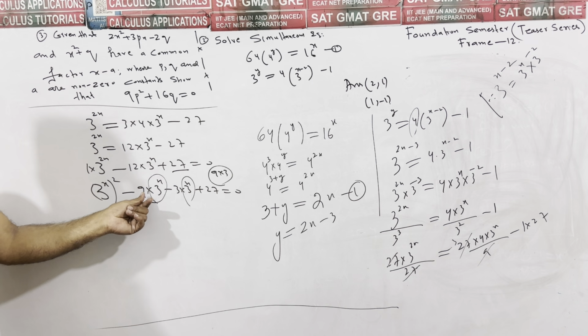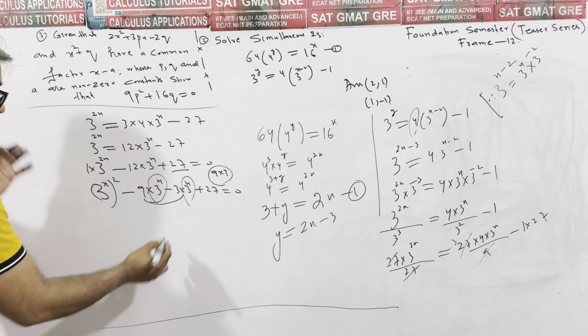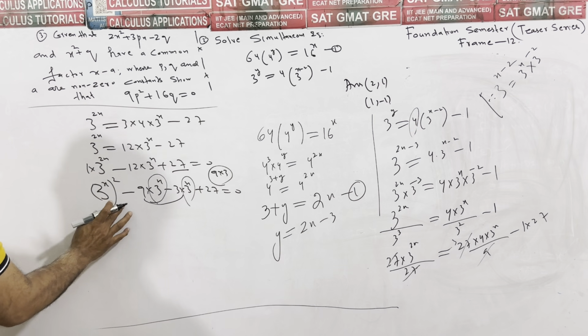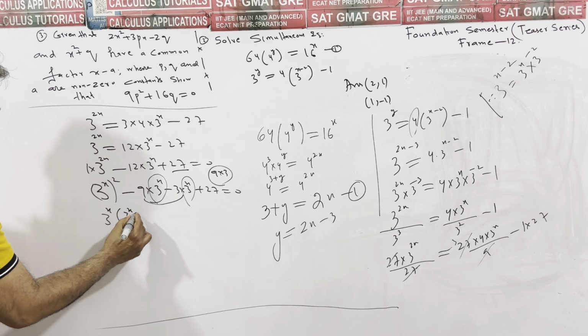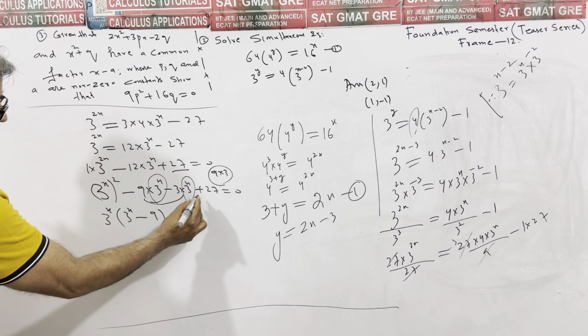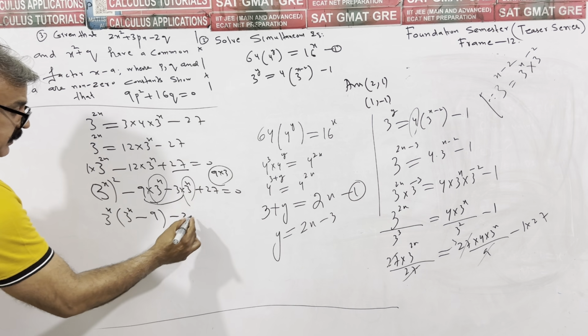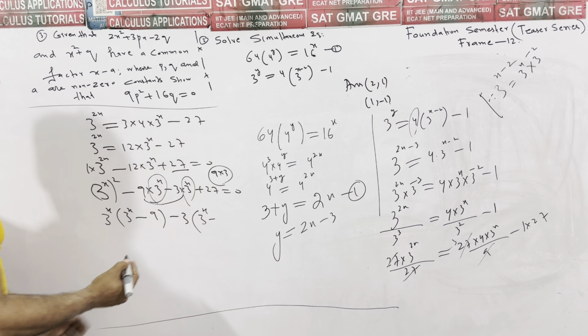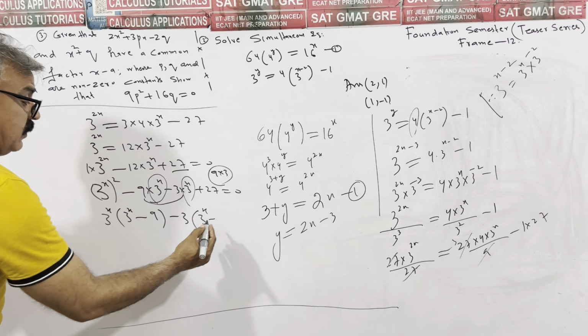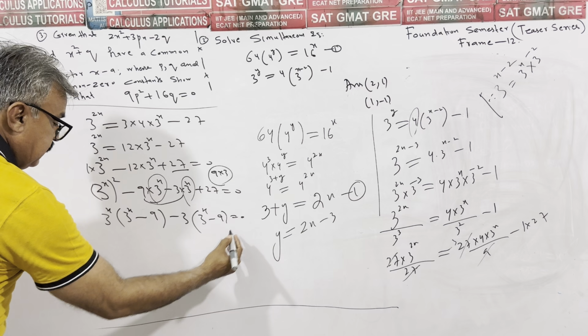Coefficients can be added. Take 3 raised to x common: like x squared, there remains 3 raised to x minus 9, minus 3 common. Whenever we take a negative sign common, change all the upcoming signs. We have 3 raised to x minus 3, times 3 raised to x minus 9, is equal to 0.